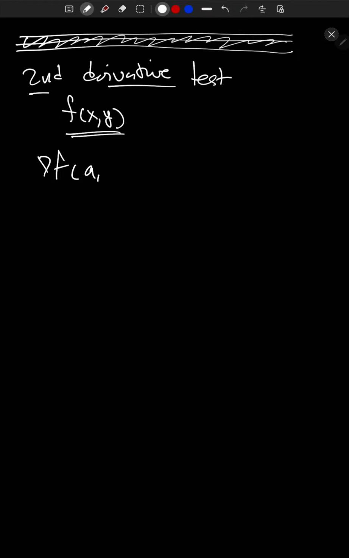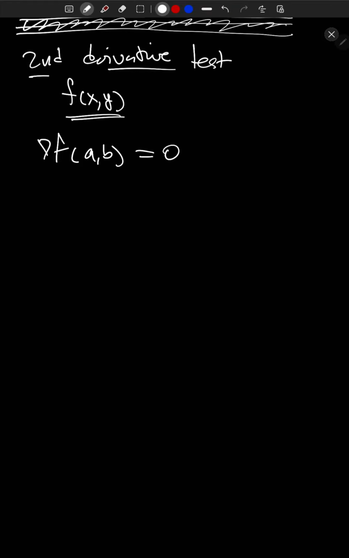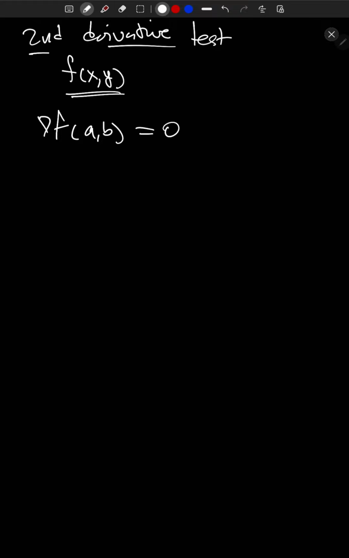Gradient f equals 0 at (a, b). All right, so in particular, of course, like we said last time and before, that means f sub x (a, b) equals 0 and f sub y (a, b) equals 0, right?